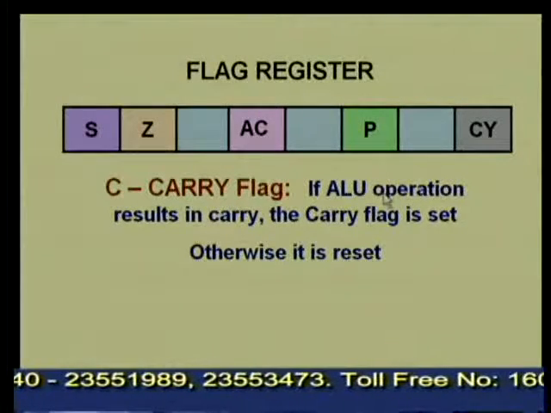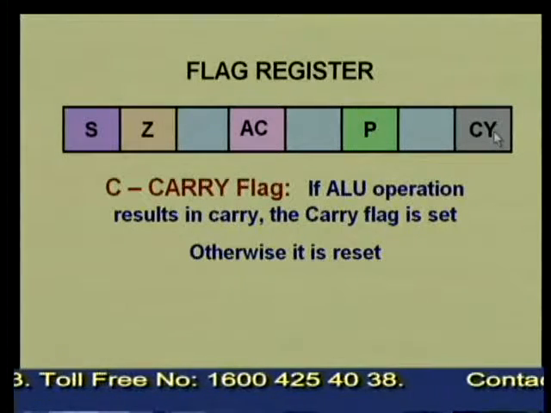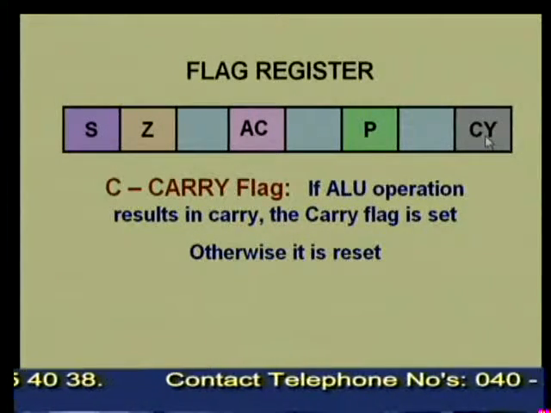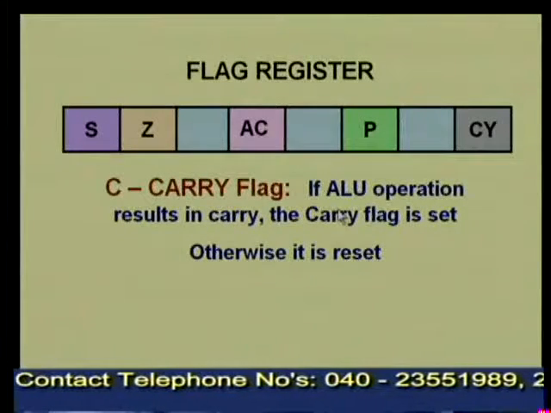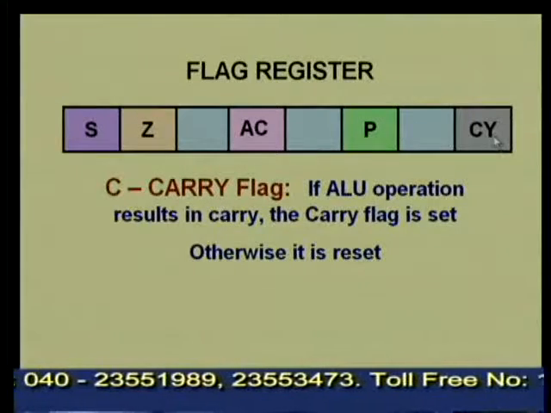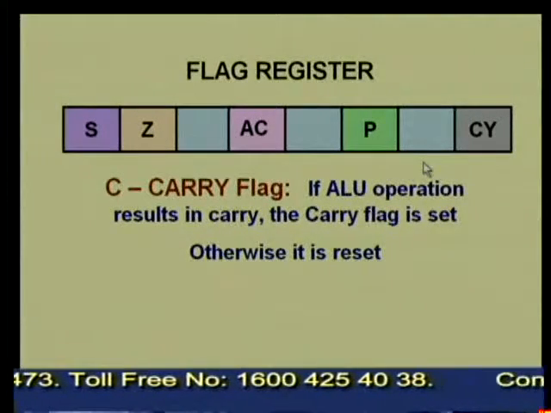So instead of 8 bits, we have 9 bits. This carry generation is indicated by this flag. So the carry flag will be set if there is a carry, or it will be reset if there is no carry after the arithmetic or logical operation. So that is about the register array within the 8085.